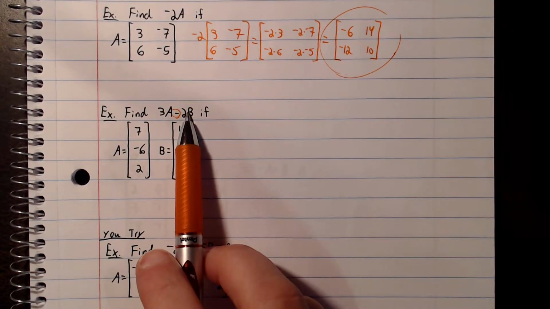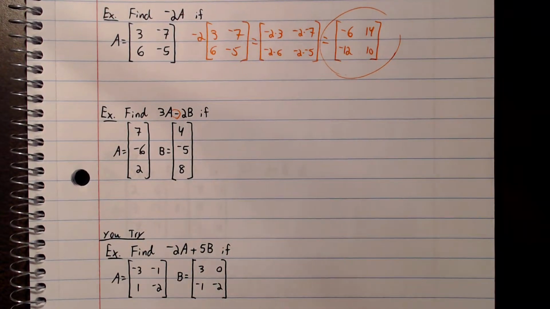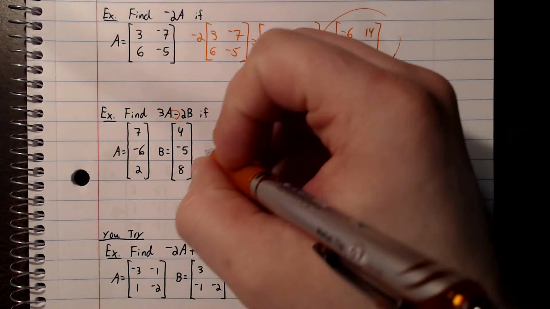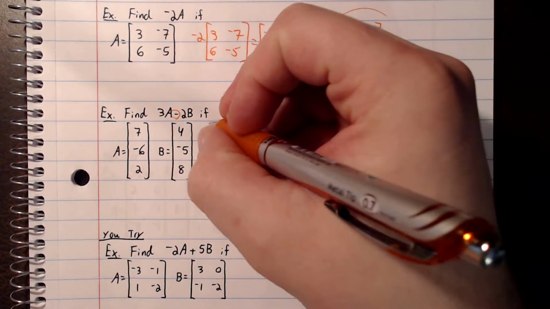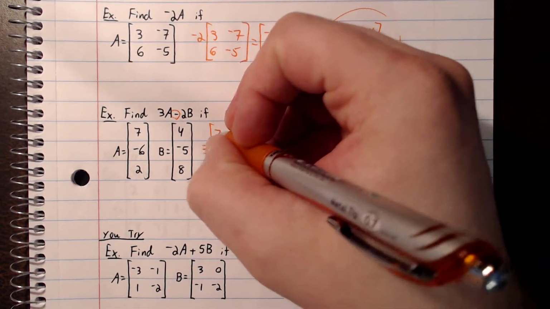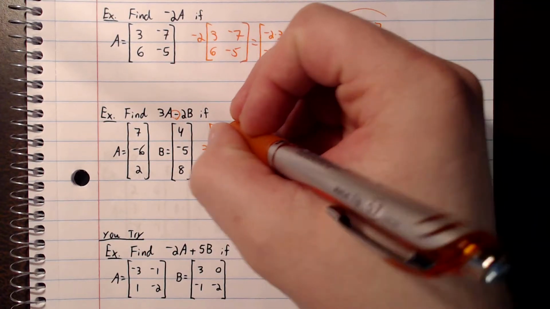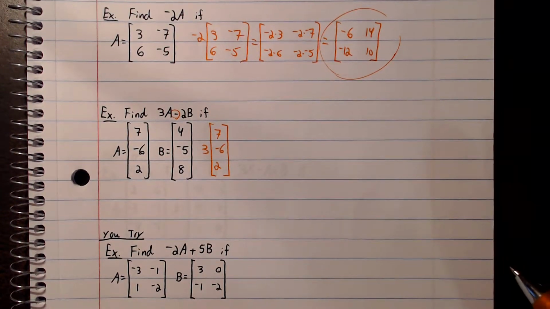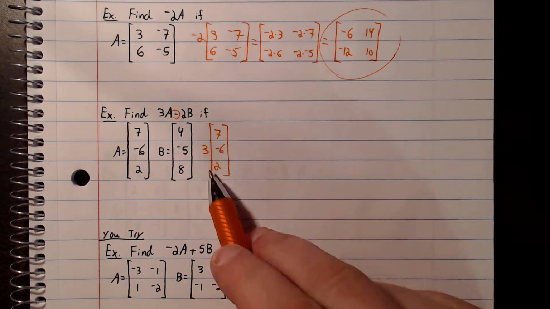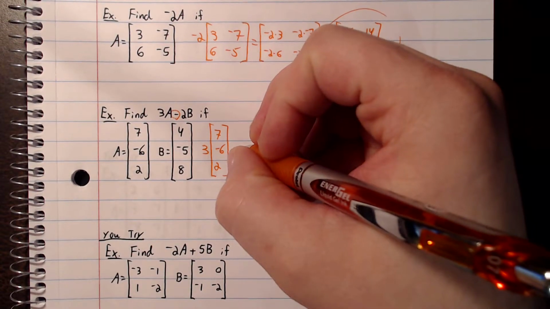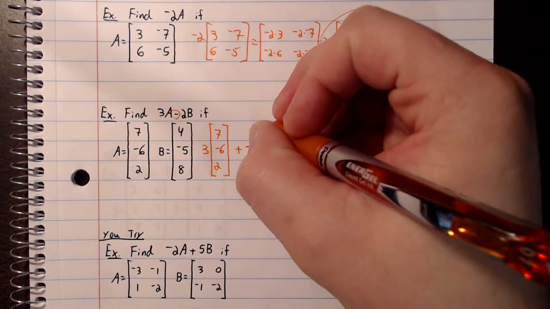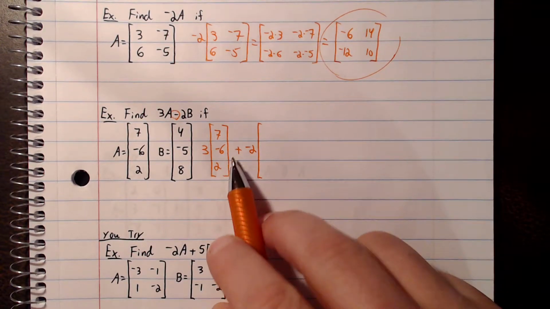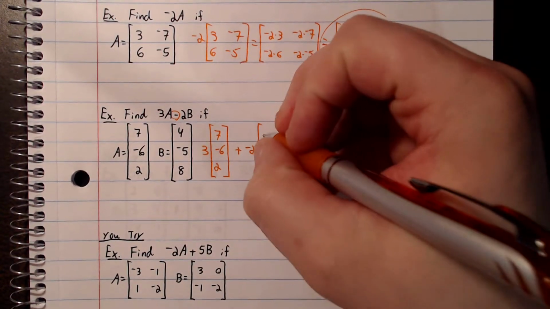We're going to distribute -2 to B, and then we'll add together. So that would be 3 times A, this is A's, and then we're going to add it to -2 times B.